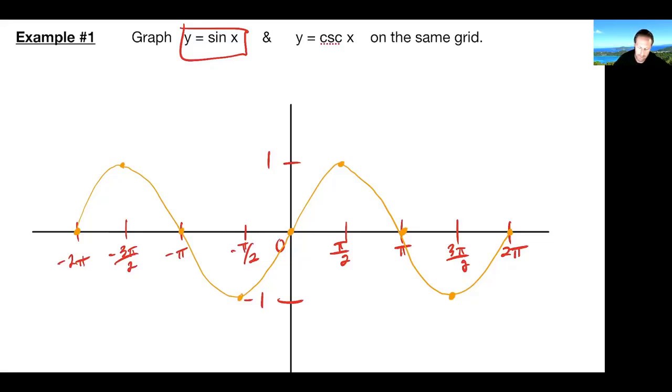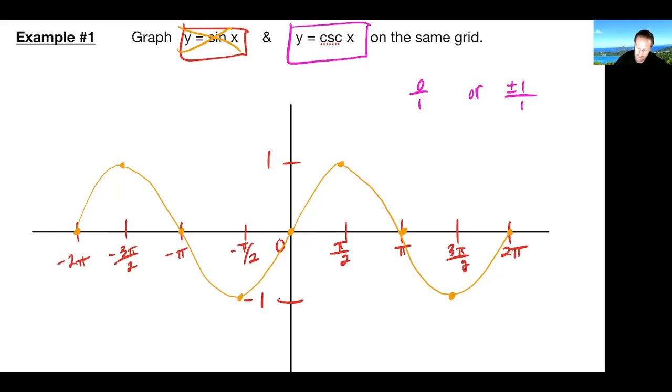Now, why did I take the time to do that? Because this is not what they're going to give us. They're going to ask us to graph and draw this new function in this last section of this chapter. But remember, cosecant is merely just the reciprocal. And if I take all these 0 over 1s, which represented all my zeros, or the positive or negative 1 over the radius of 1.